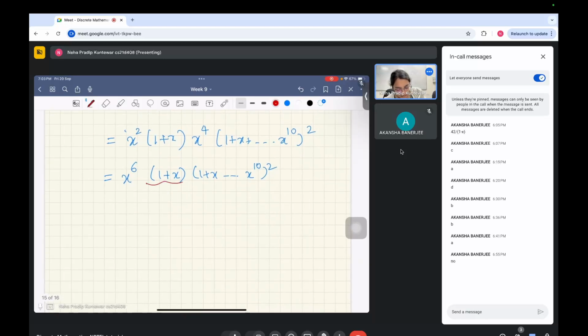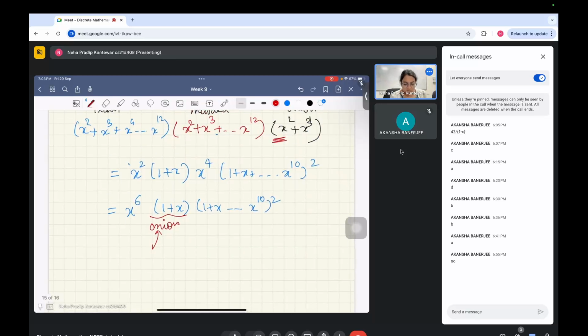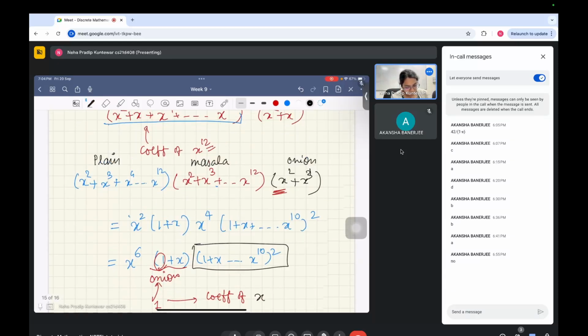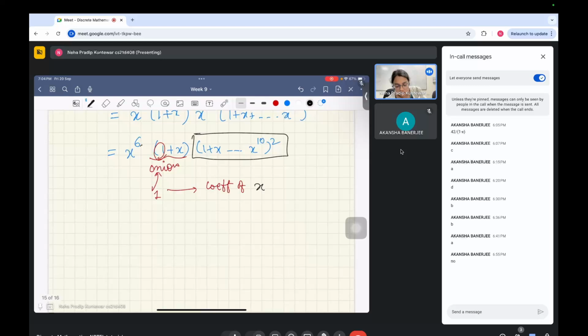So this factor comes from the onion dosas, right? If you choose one here, then you are looking for the coefficient of x to the... originally you wanted 12, 6 is already here, so you're looking for the coefficient of x to the 6 in the expression here.